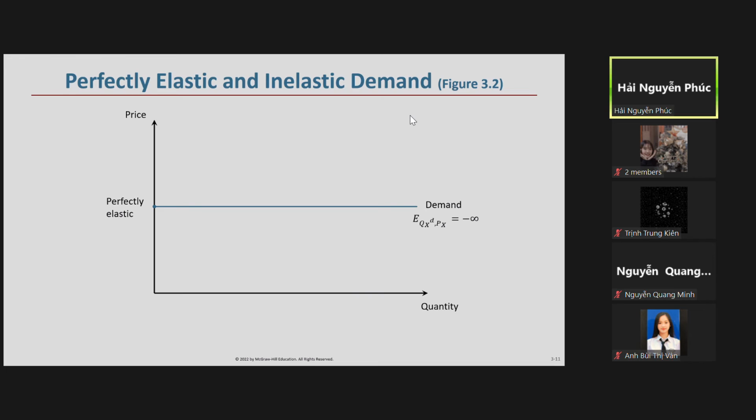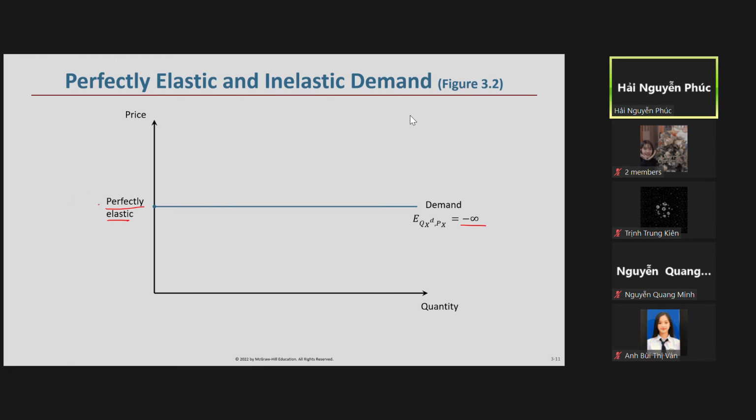Now here's the second extreme. It is the situation when we have perfectly elastic demand, when the elasticity is equal to infinity, and we illustrate the demand curve as a horizontal line.